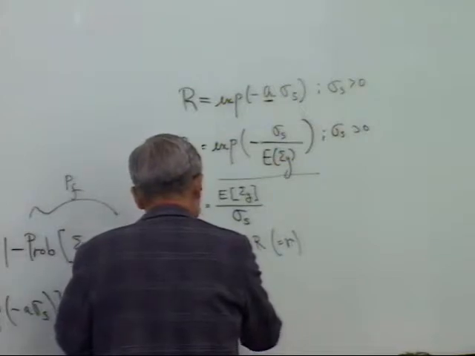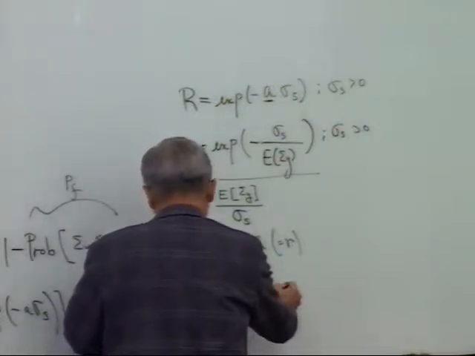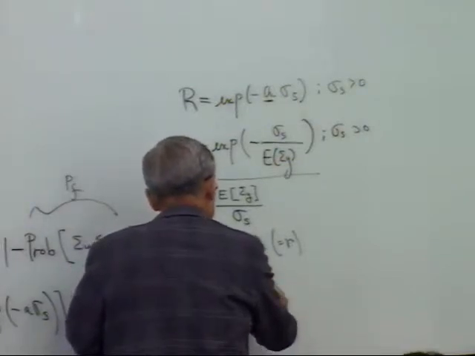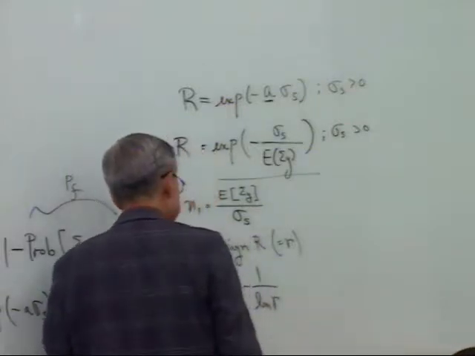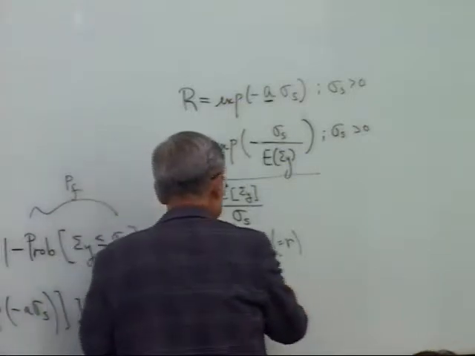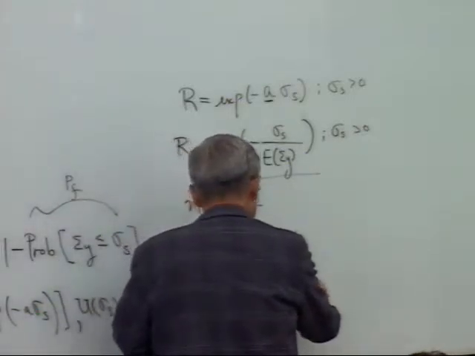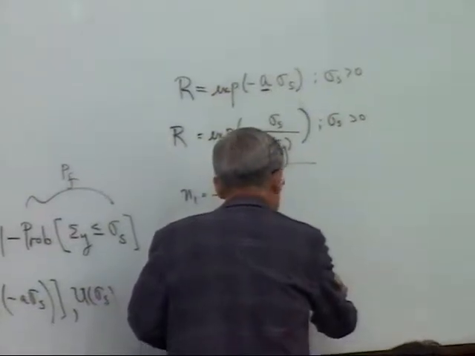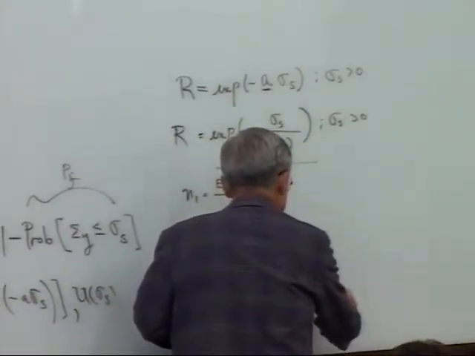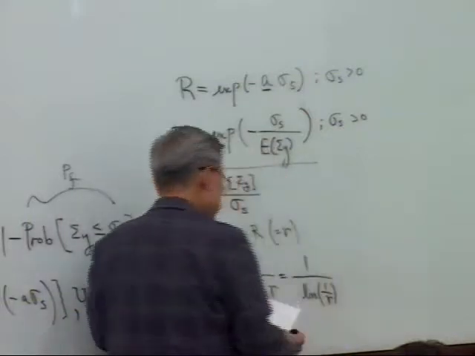You have N1 equal to minus 1 over the natural log of R, or you can put the minus sign in there and write the same thing, 1 over the natural log of 1 over R.